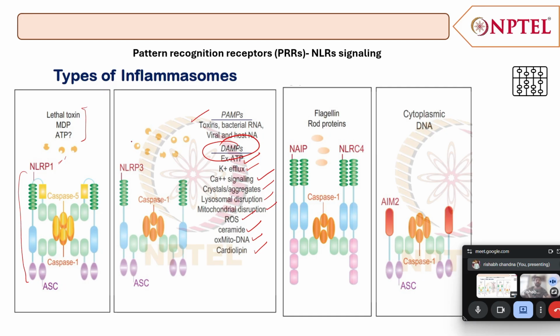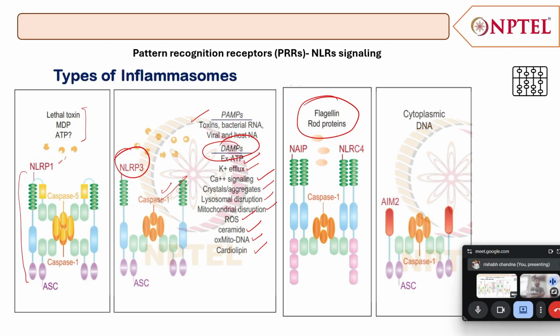So these activate the NLRP3 associated inflammasome, which is an important inflammasome, and it functions in caspase 1 mediated activation of cell death as well as the inflammatory response. So this is type 2. Then we have the NAIP and NLRC4 dependent inflammatory response that is basically triggered by flagellin or the rod proteins.